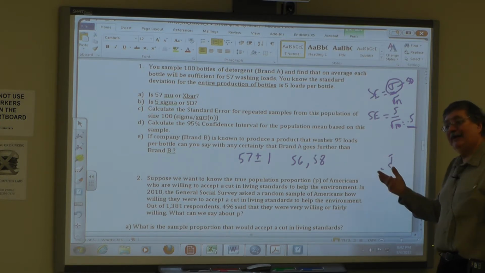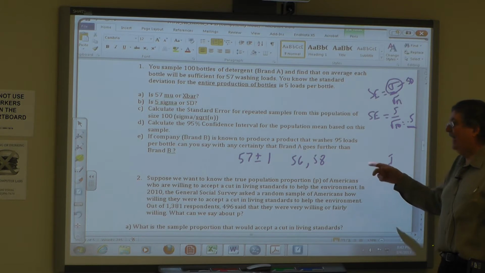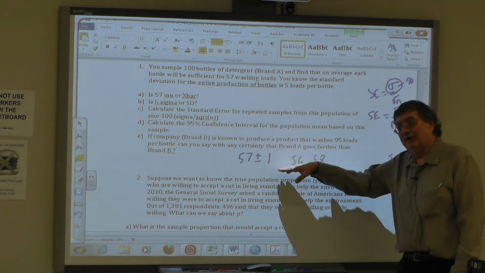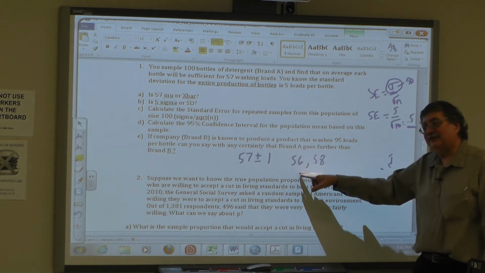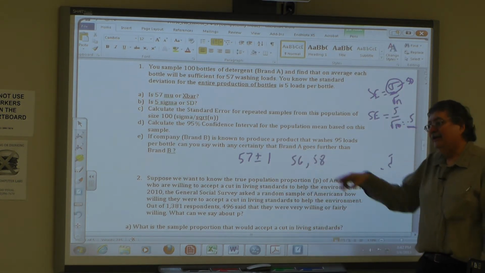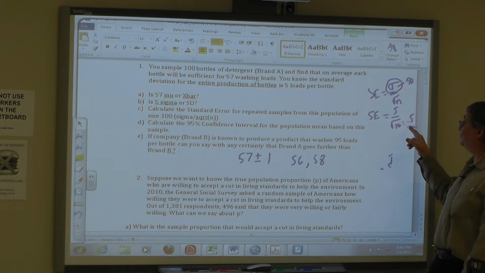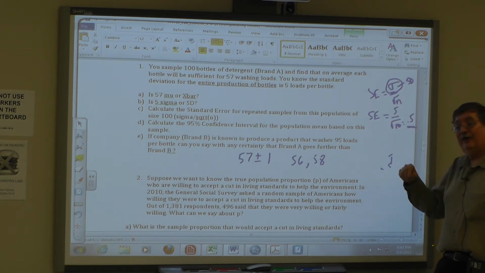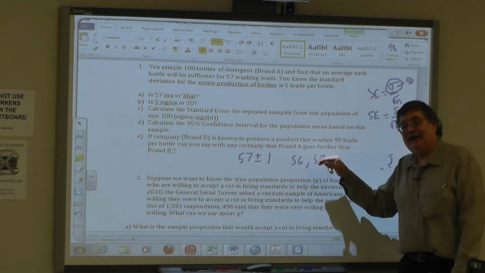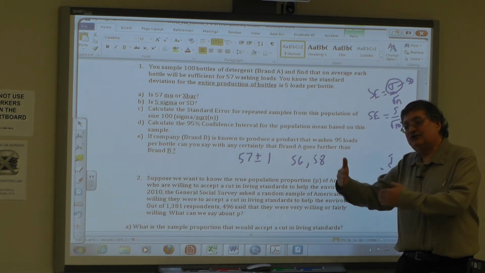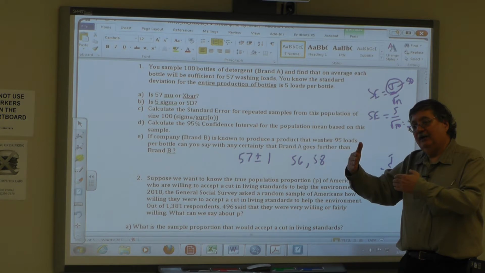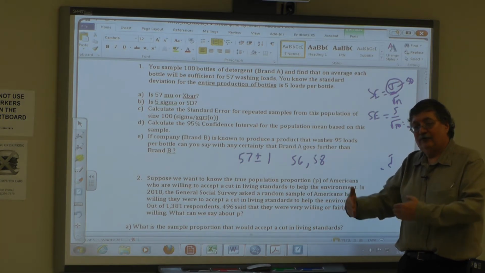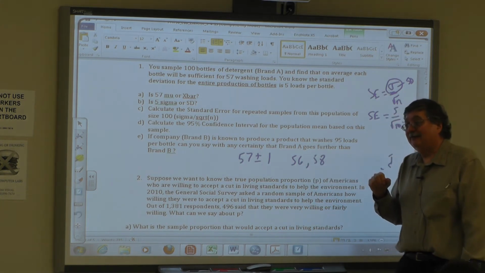You would be 95% sure that brand A does more than brand B does, because your 95% confidence interval is 56 to 58, right? But if we had only done a sample size of 25, you wouldn't be able to say that, because you wouldn't be sure enough of the true population average for the one that you sampled to be able to say that it's different than 55.